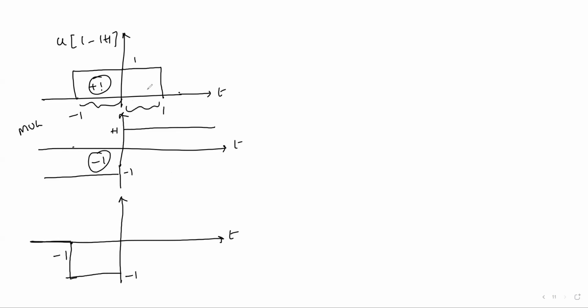Next, from 0 to 1, this signal has amplitude +1 and this signal amplitude is also +1, so 1 into 1 is 1. So the amplitude is +1 on the right hand side up to 1. This is the signal x of t, which is given by the expression u of 1 minus mod t multiplied by the signum function.